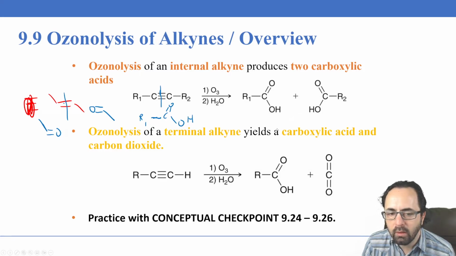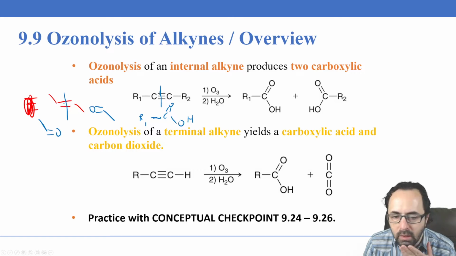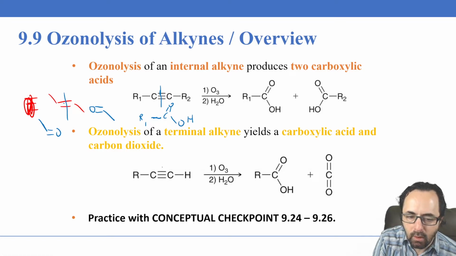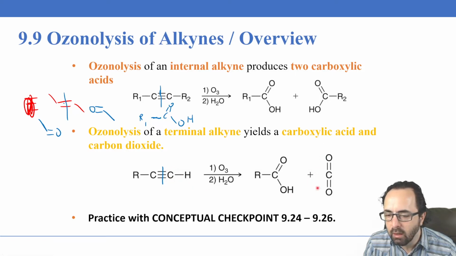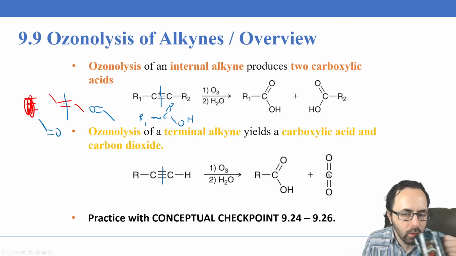So the ozonolysis here produces, instead of two carbonyls like this, two carboxylic acid groups, one on each of the chopped pieces. And if we do this with a terminal alkyne, then when we chop this bond, on the left side we get carbon double bond to oxygen and also bond to OH. But on the right side, it's different, and we end up just with CO2. So that's something to keep in mind as well.